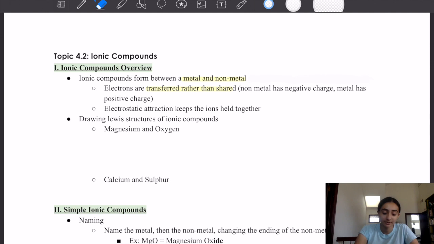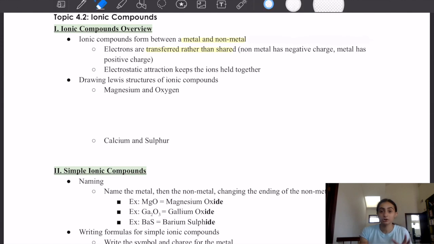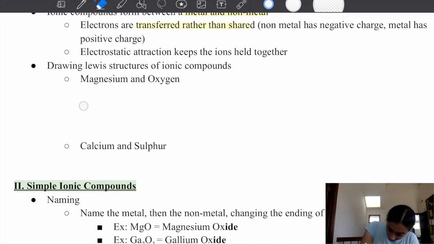So before we go into the different kinds of ionic compounds, we are just going to practice drawing some Lewis structures of ionic compounds so that I can show how the electrons are transferred. So first we have magnesium and oxygen, and we've drawn Lewis structures multiple times. So I'm just going to draw the valence electrons.